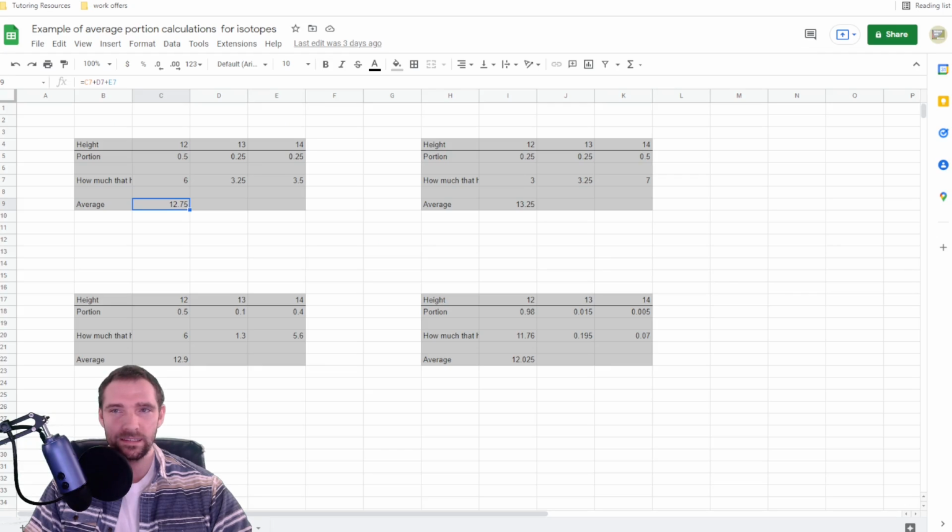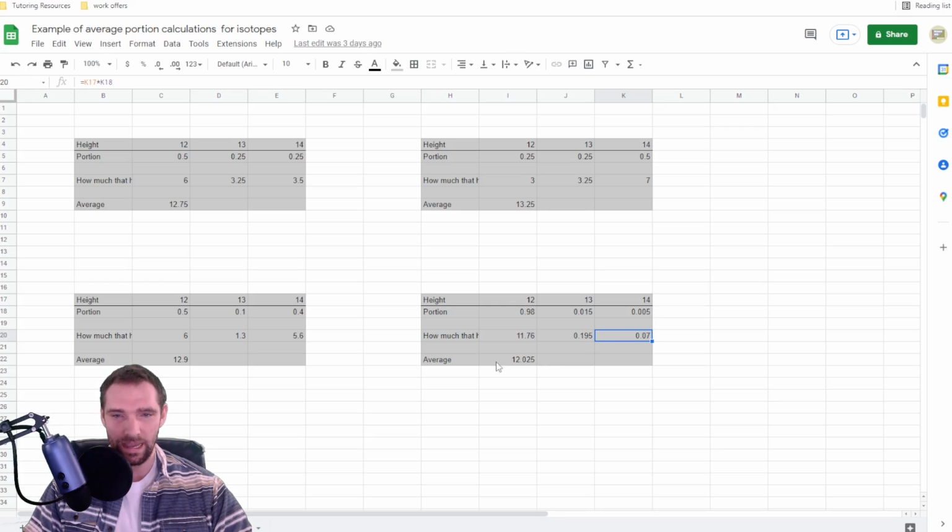In this calculation, I'm kind of cheating, but if we look at the math we did earlier on this little table, 12 times 0.98 is 11.76. 13 times 0.015 is 0.195, and 14 times 0.005 is 0.07.